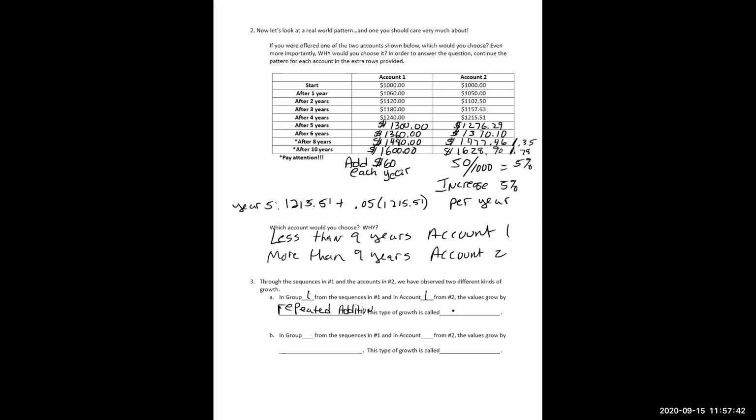And this is called a linear function. So in group 2, from the sequences in account 2, the values grow by repeated multiplication. And this growth is called exponential.